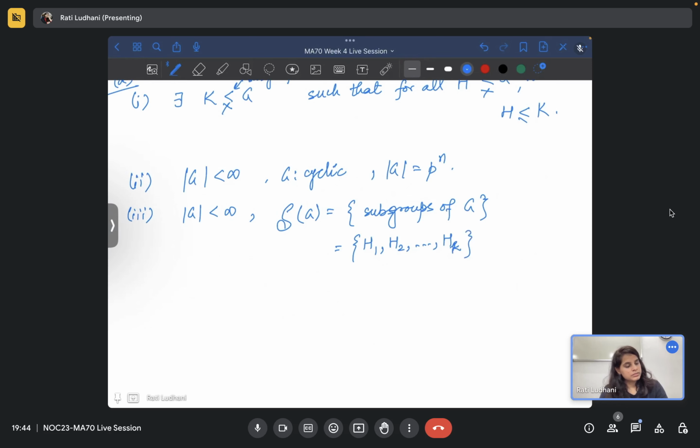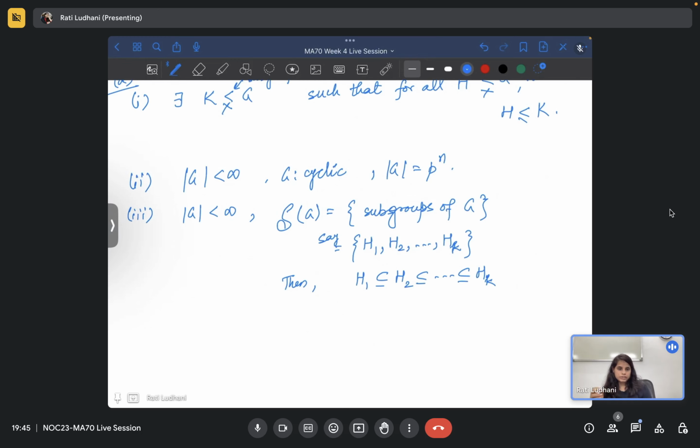Then H1 is a subgroup of H2, something like that. We don't know this is the order or not, but there is some order. So there exists a total ordering. It's not even partial. We have a total order on the subgroups of G.